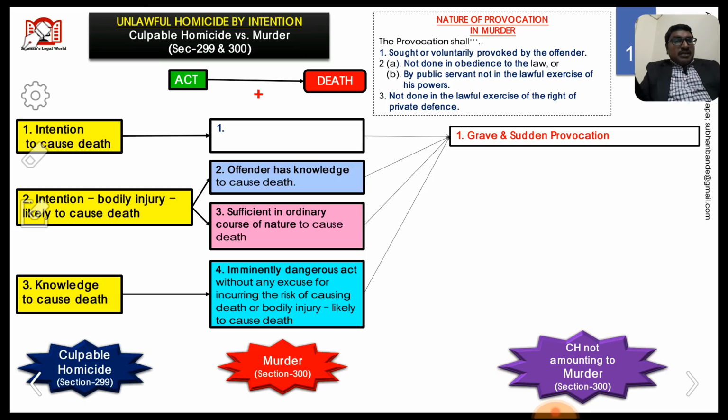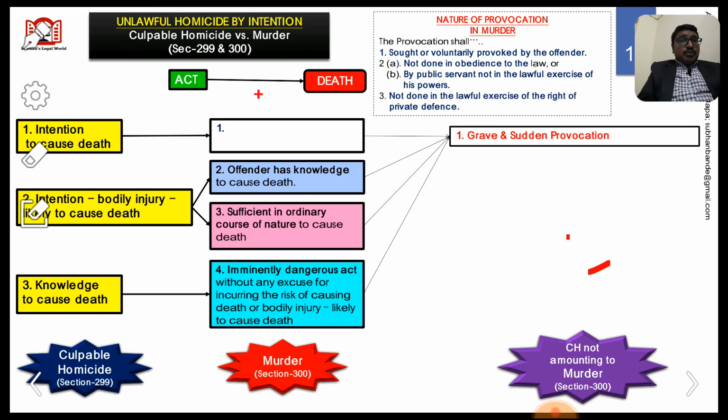The grave and sudden provocation shall not be given in obedience to law, or by a public servant not in lawful exercise of his powers. If such grave and sudden provocation was not given in obedience to the law, then it becomes murder.